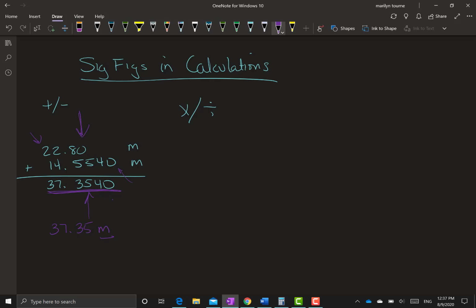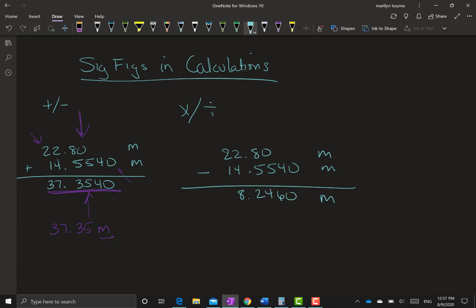So now let's do the same thing, but let's actually subtract it, see how that works out. So if I take 22.80 minus 14.5540, and they're both meters, if I put that in my calculator and I subtract it, I would get 8.2460 meters.